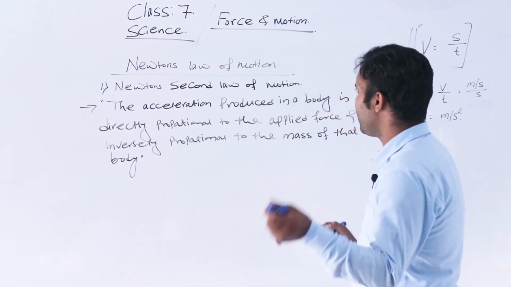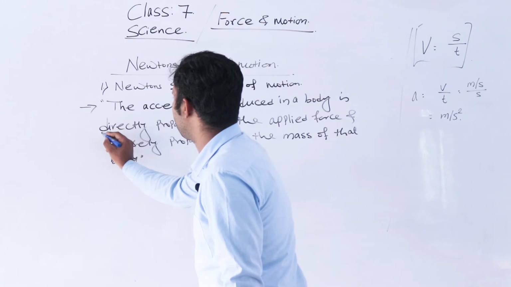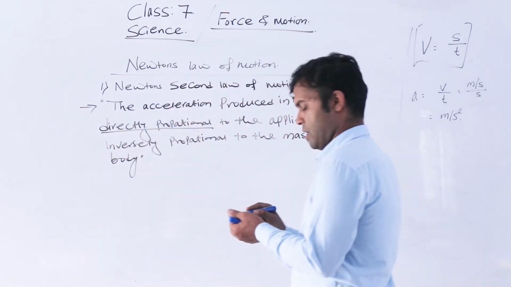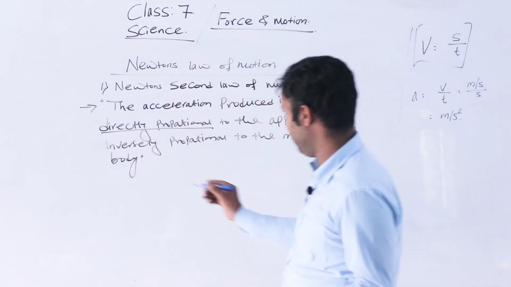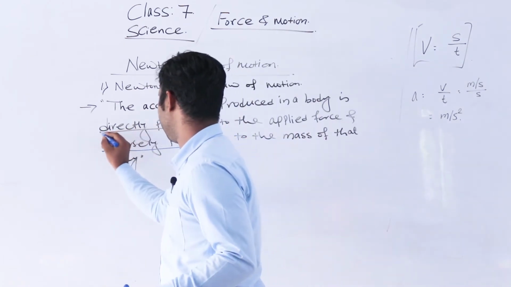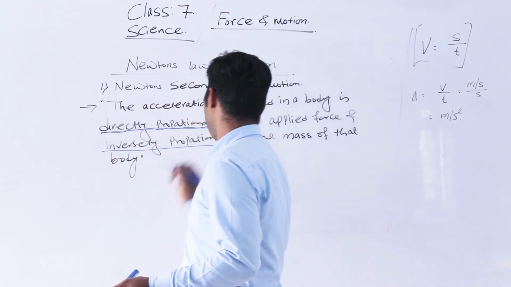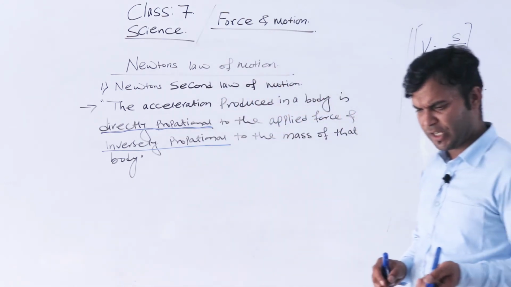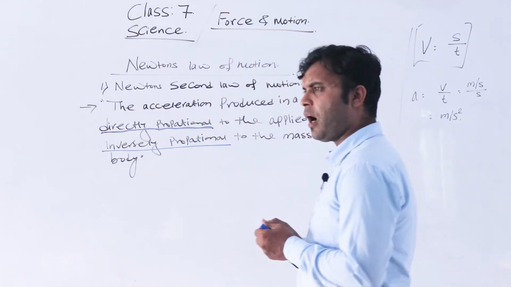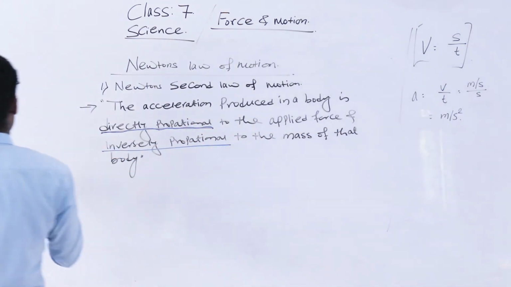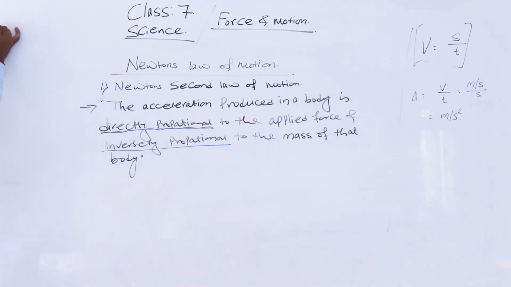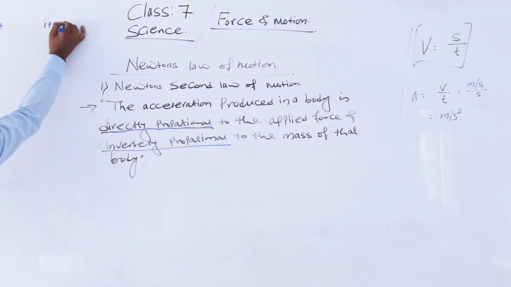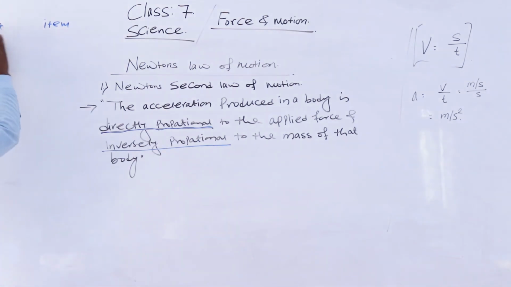Look here once, there are two new terms. First one is directly proportional and another one is inversely proportional, isn't it? What is the meaning of directly proportional? Out of two factors, let's suppose item cost.